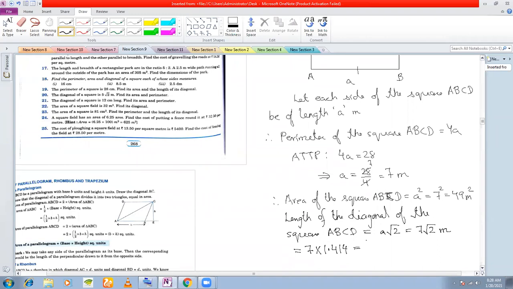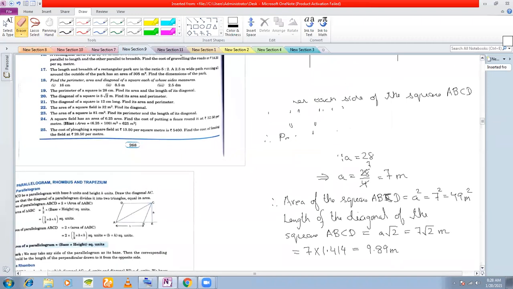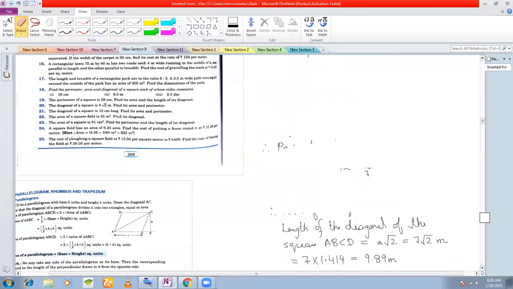Okay, so that when you put it here, 1.414, you get 9.89 meters. Okay, that's it. Any question? No, sir. Then we'll do the last problem of this exercise, number 25.